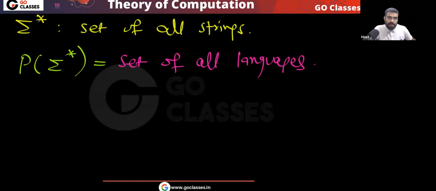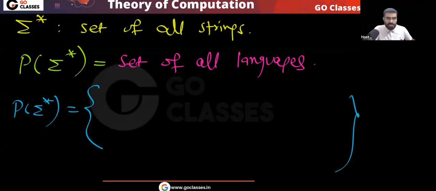For example, what do you have in this power set of sigma star? Give me some languages.